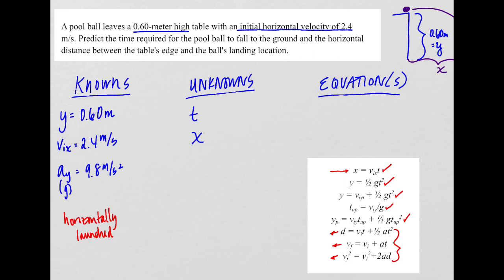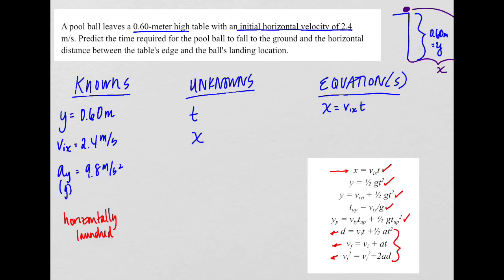Okay? All right. So since we are looking for horizontal distance, obviously we're going to have to use this equation, because we're looking for x. However, the problem is we know that variable already, but we don't know time. That's another one of our unknowns.